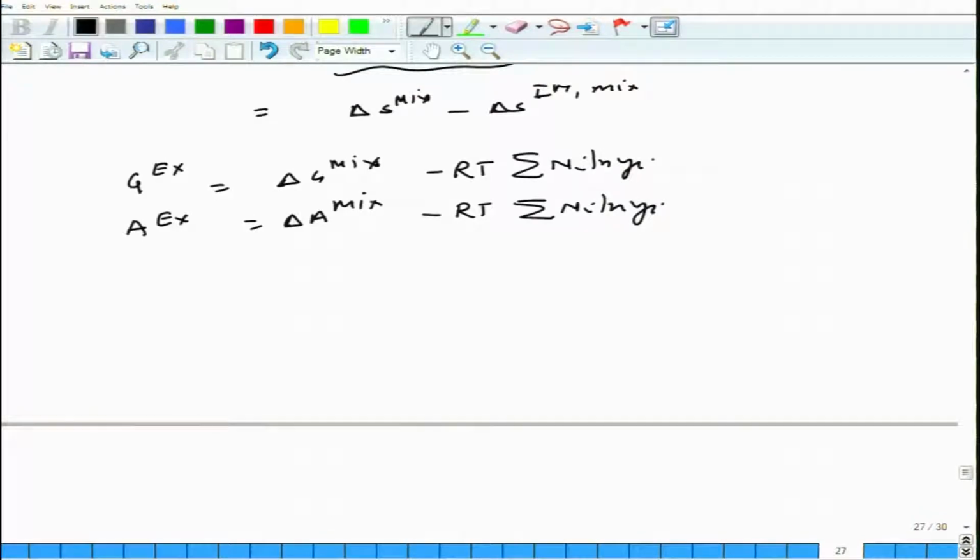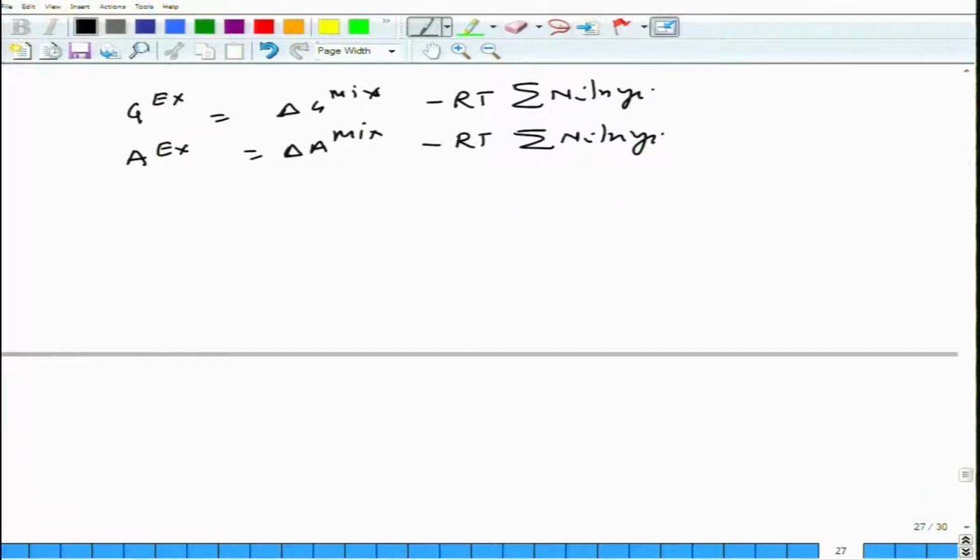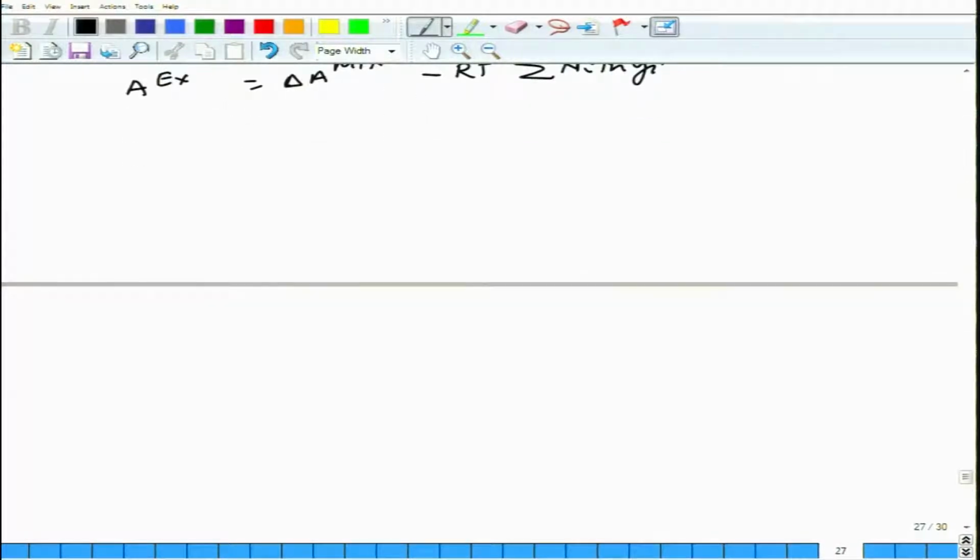The last leg of today's lecture is to make a note that the expression which we are writing for chemical potential does not hold for real systems, particularly when we talk about ideal gas mixtures.